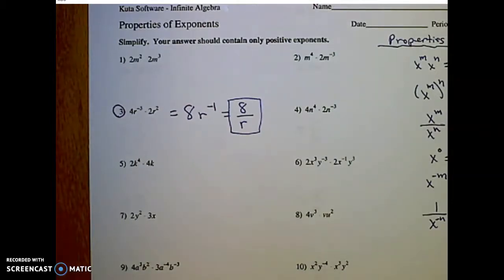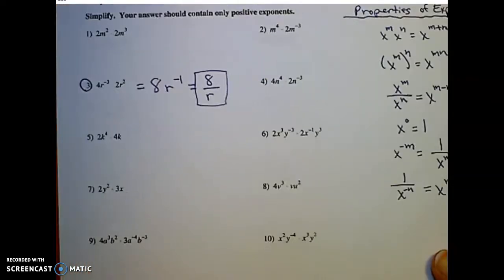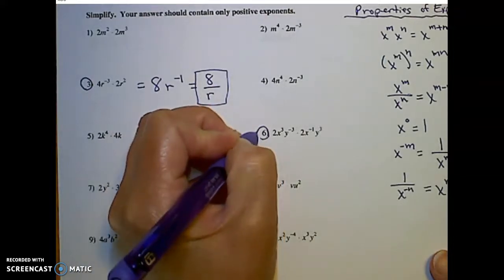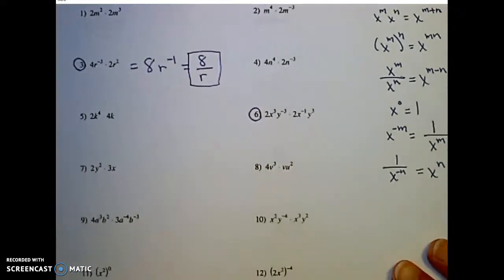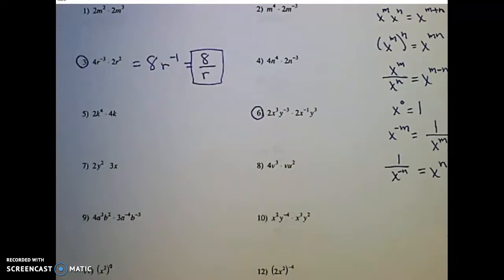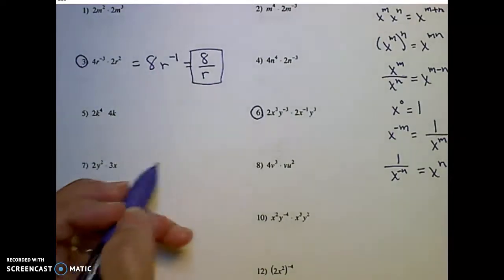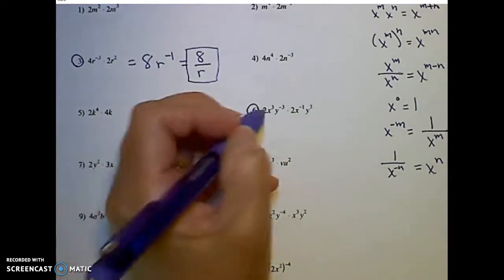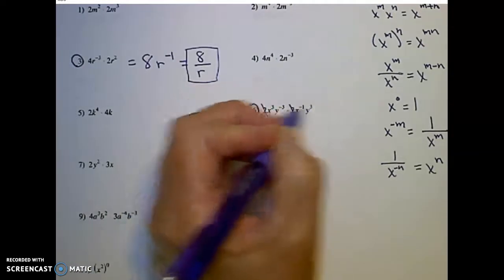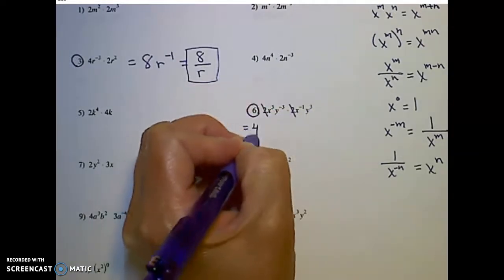Alrighty. Certainly can fill in some gaps. I'm going to look at number 6. Feel free to try it first if you want to pause. Think about what you would do first for number 6. I'm going to multiply those coefficients, so 2 times 2, which is 4.